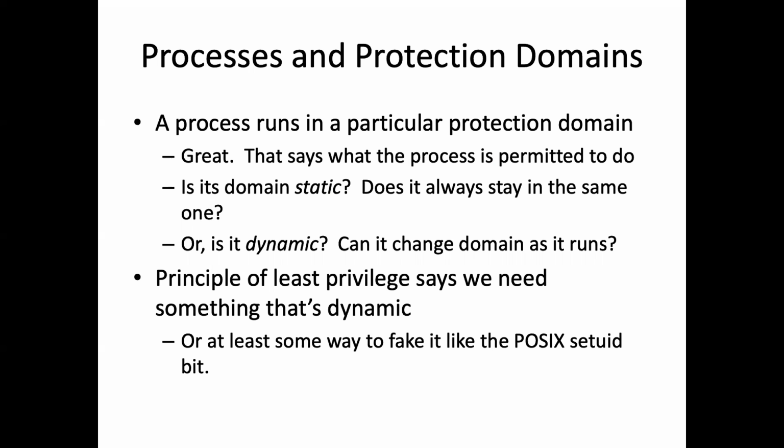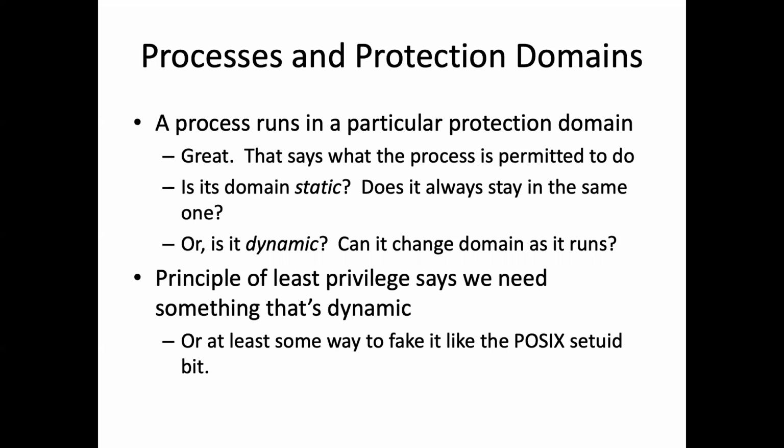So to do a good job at this, it seems like we need a mechanism that would let a process dynamically change its permissions, change its domain as it was running. We talked about that earlier when we were looking at the access matrix.